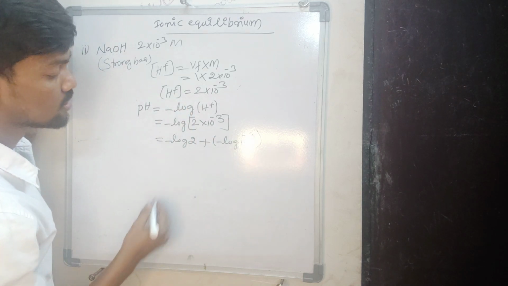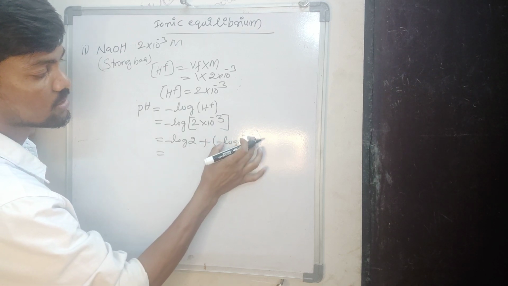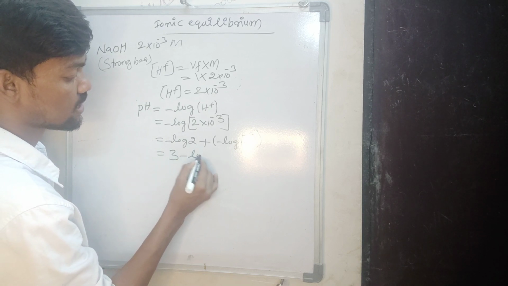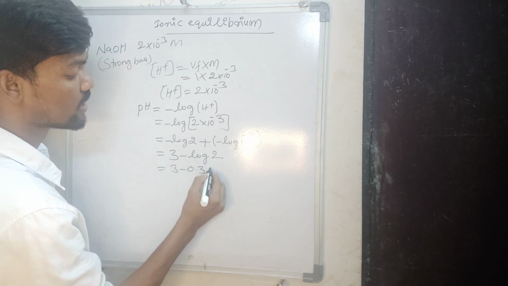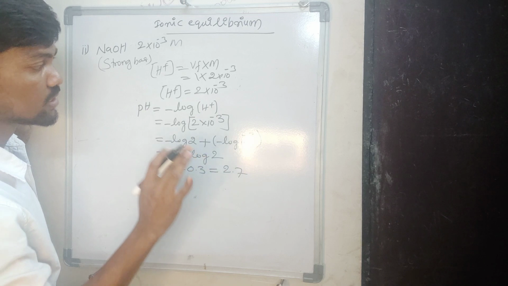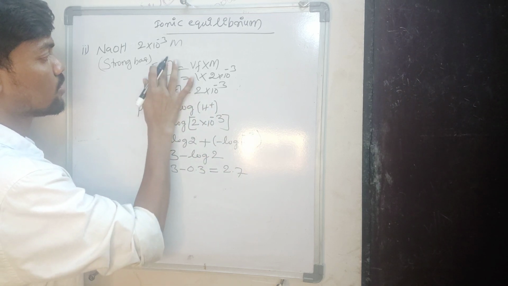The minus 3 comes forward and we get 3, with log 10 value 1. Then 3 minus log 2 value, which is 0.3. What is the answer? 2.7, sorry, it is not H plus, we are finding here OH minus.